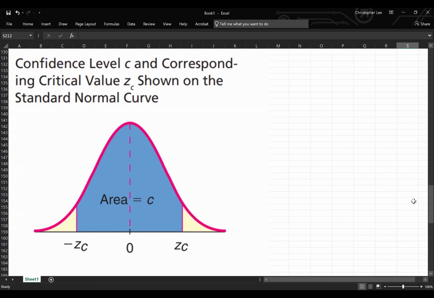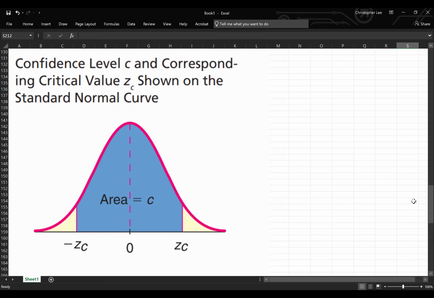Right, right. Okay, negative z critical, zero, z critical.